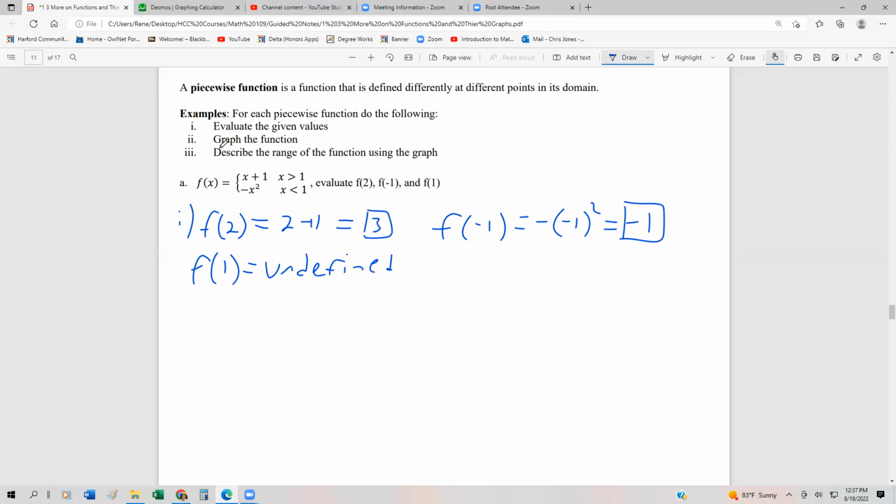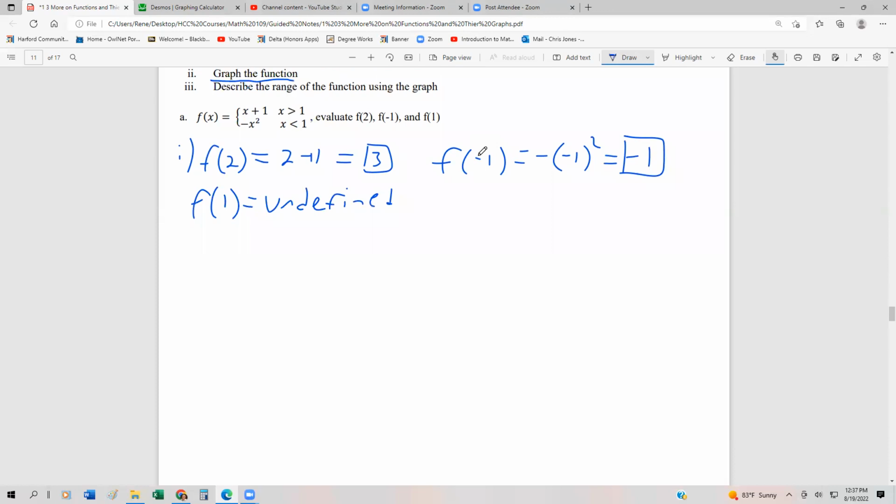Next, we want to graph this function. We're going to make two tables of values: one table when x is bigger than 1, and one table when x is less than 1. For x plus 1, this is going to be our x and our x plus 1. I know that 1 is not in the domain, but I'm going to start with 1 and do 1, 2, 3, and 4 just to get an idea of what this looks like.